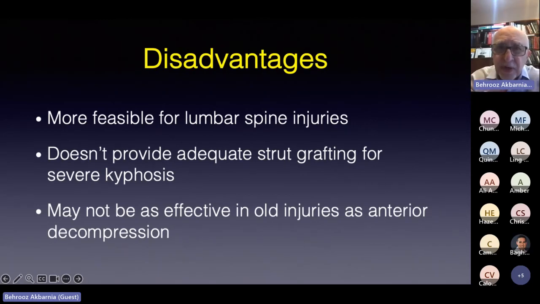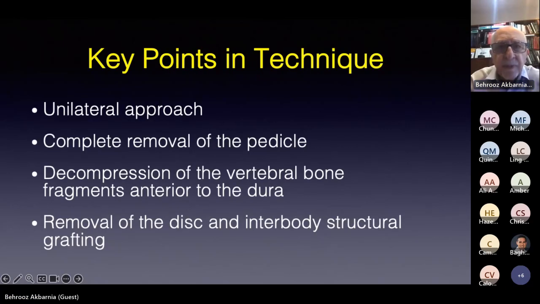But if you reduce the fragment and only require grafting of the disc, this is perfect. For old injuries that cannot be corrected, it is probably better to have an anterior decompression, pretty much like congenital kyphosis.